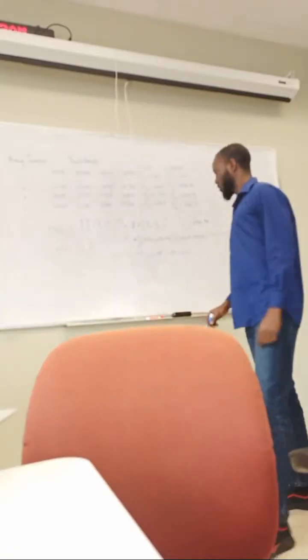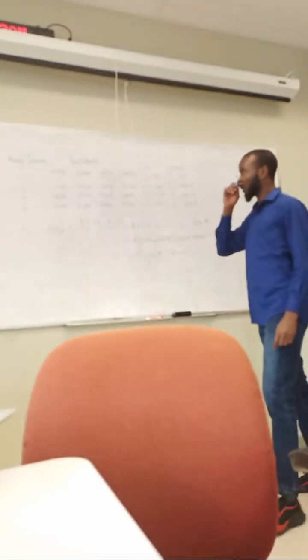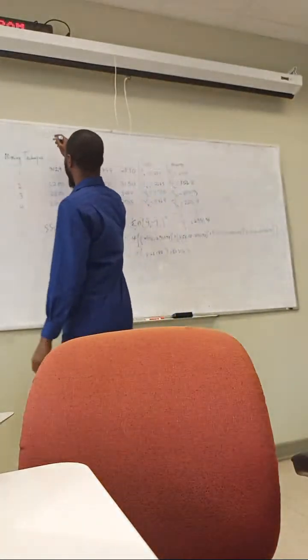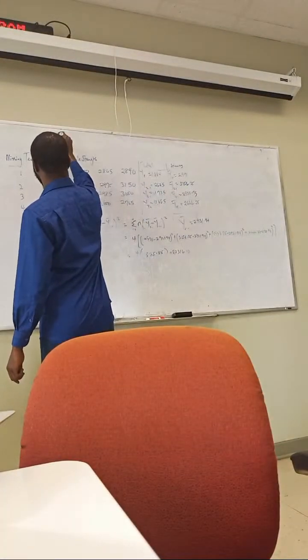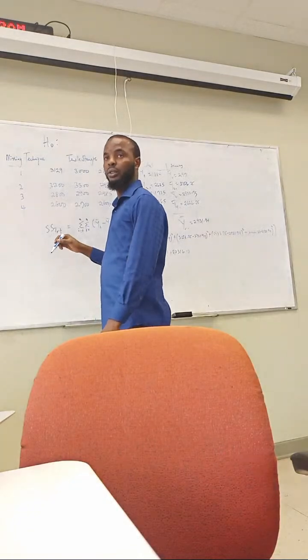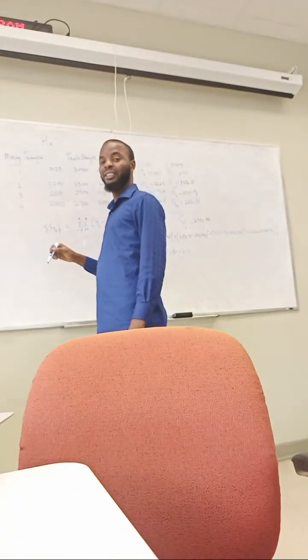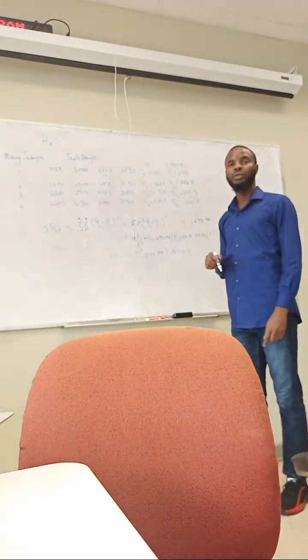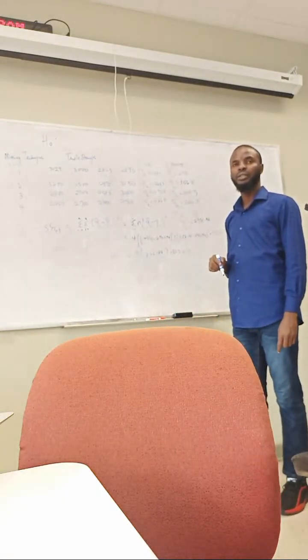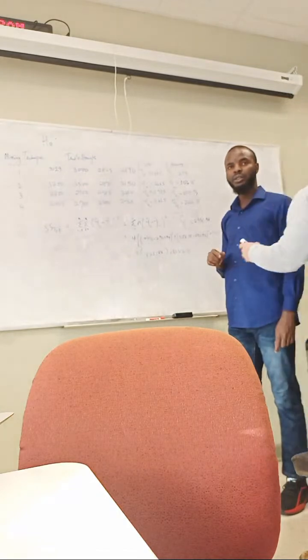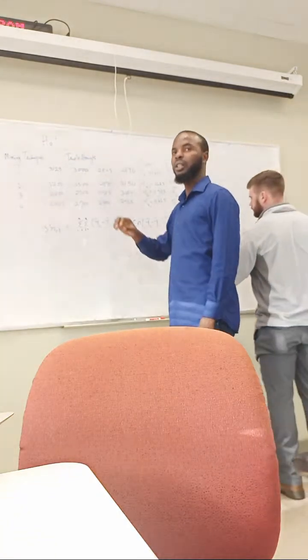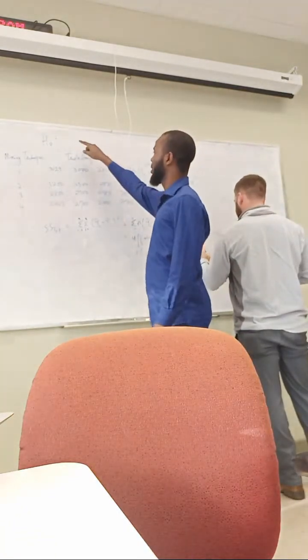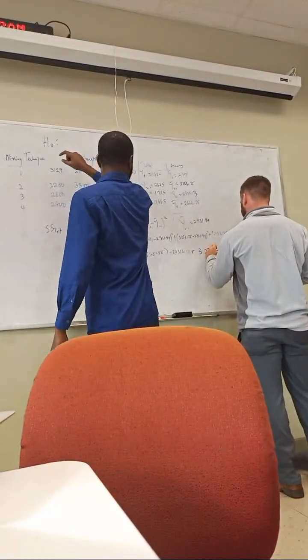But we are testing H0. Alright, let me just write the hypothesis. mu1 equals to, what are we comparing? We are testing whether mixing techniques affect the strength of the cement. That means we want to check at least one of them, the treatment.